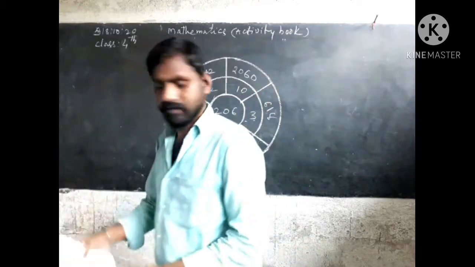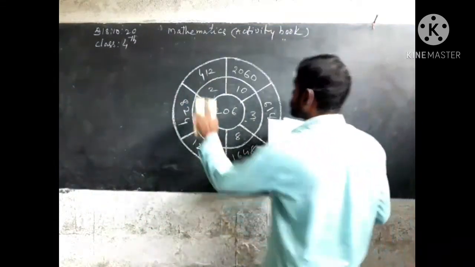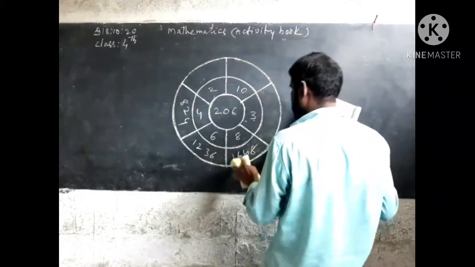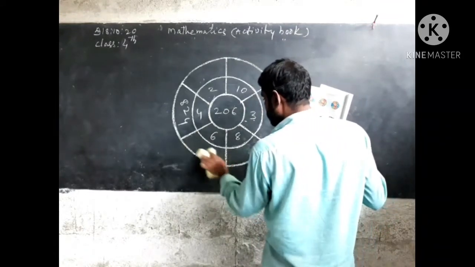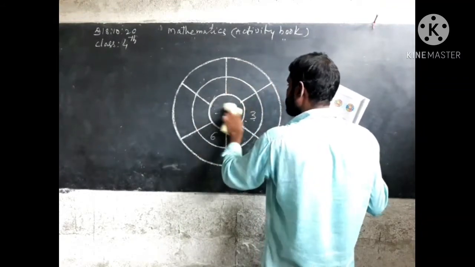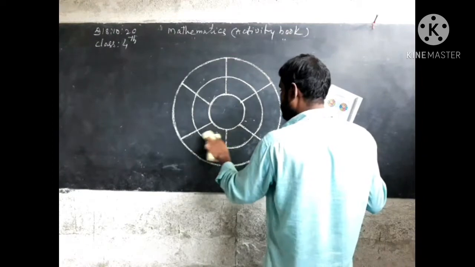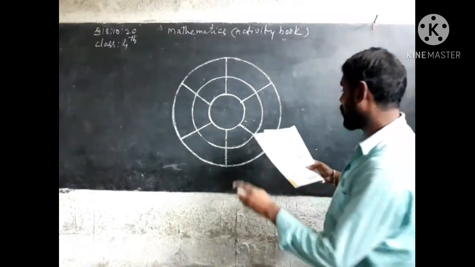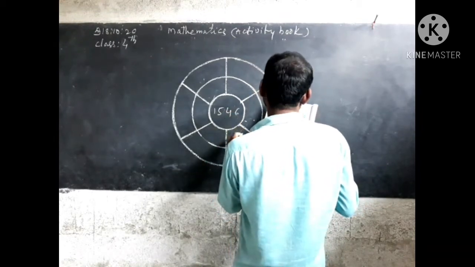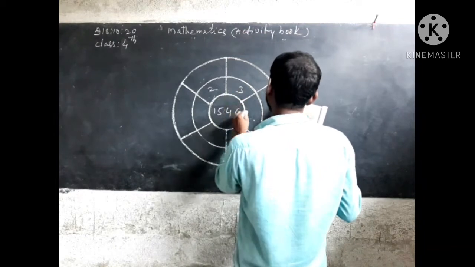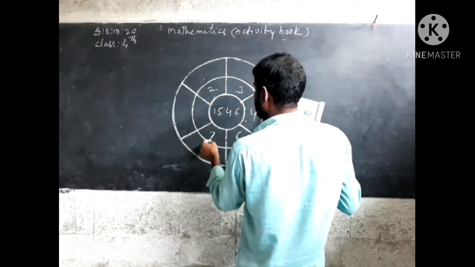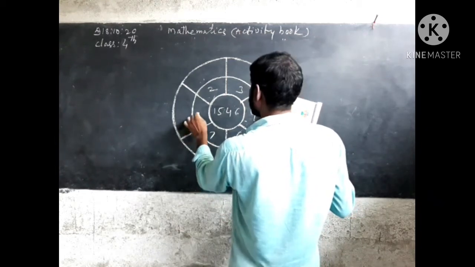See next one, 1546 multiplied by 2, 3, 4, 6, 7, 10.